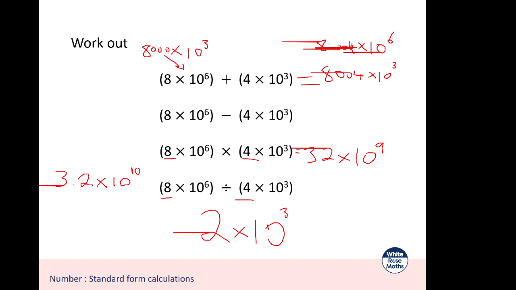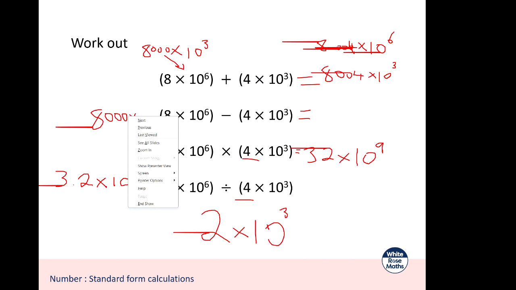When I'm subtracting, again make it so I've got the same base. So I'm going to have 8,000 times 10 to the power of 3, subtract 4 times 10 to the 3.